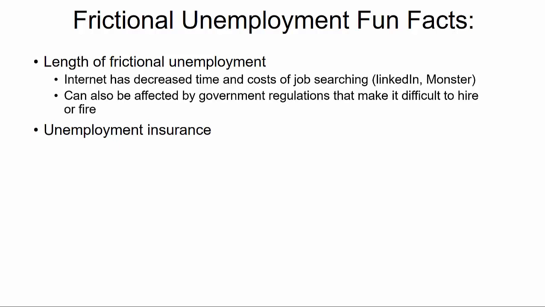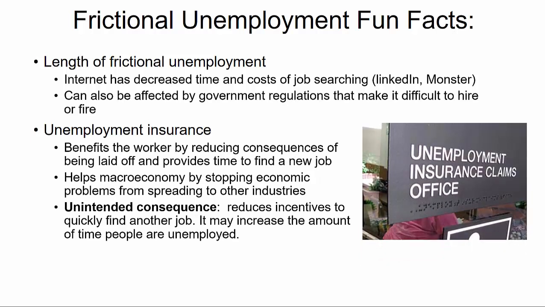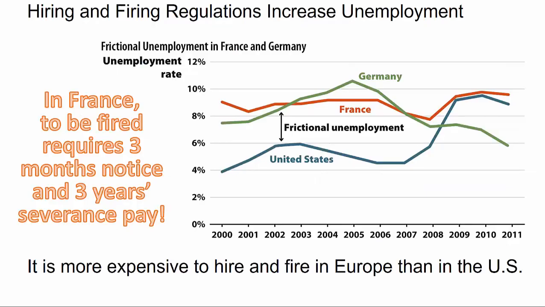Sometimes those regulations make it difficult to hire people, and so the length of time between being unemployed and finding the new job could take a longer amount of time. Additionally, sometimes if the government gives you money while you're unemployed, it lessens your incentive to go get a job, and that too could lengthen the time that you have frictional unemployment. All right, so that's frictional unemployment.